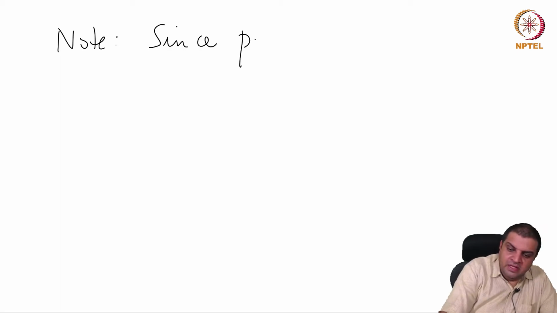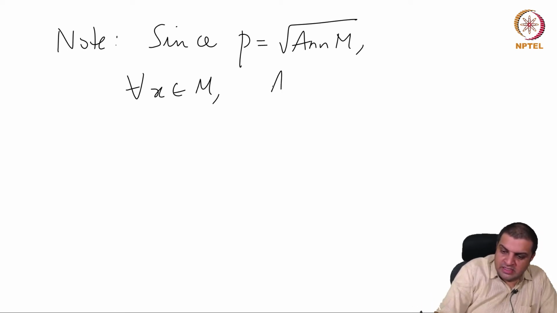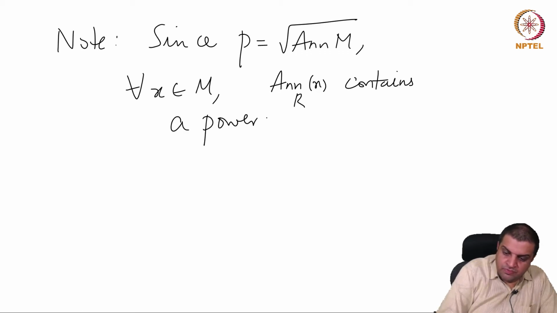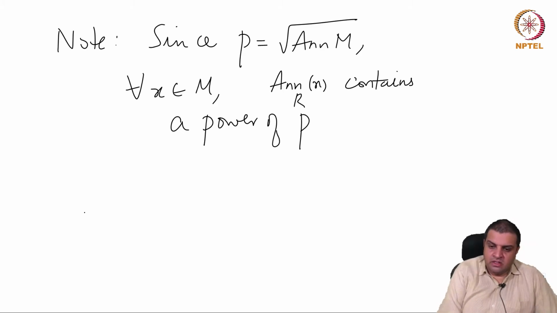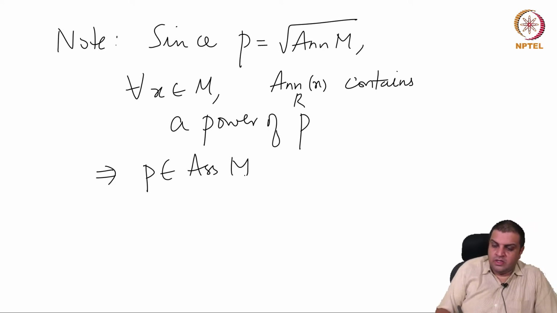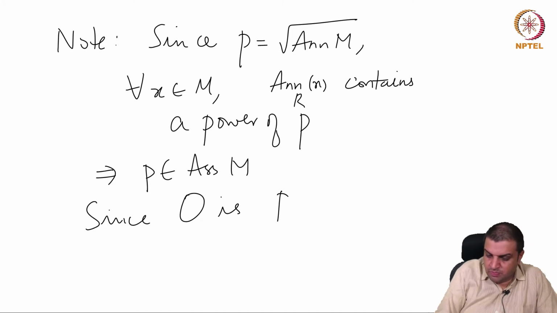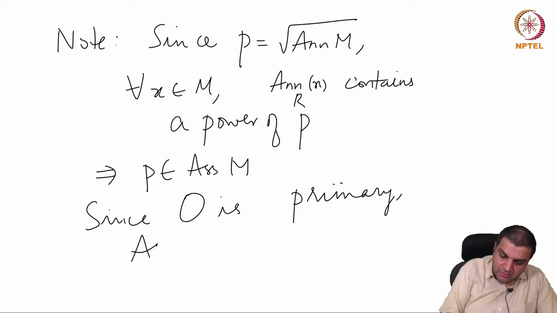since P is the radical of the annihilator of M, for every x in M, the annihilator of x contains a power of P, which now implies that P is associated to M. However, since 0 is P-primary, the associated primes of M is a singleton set.